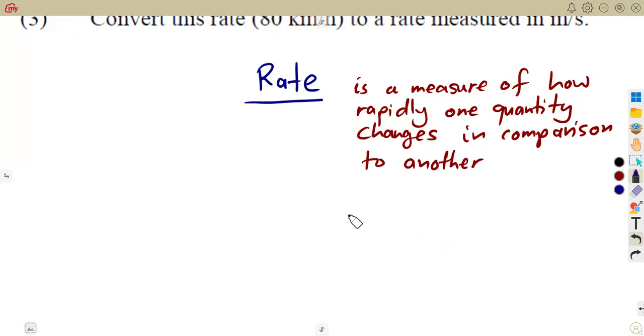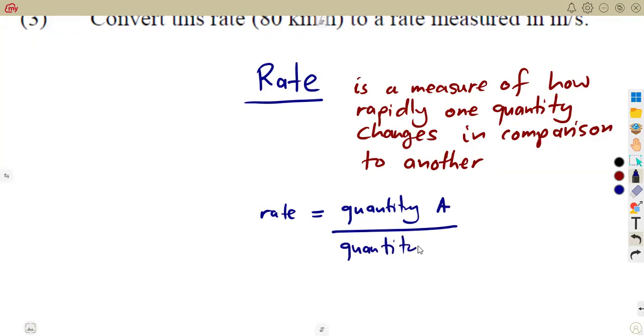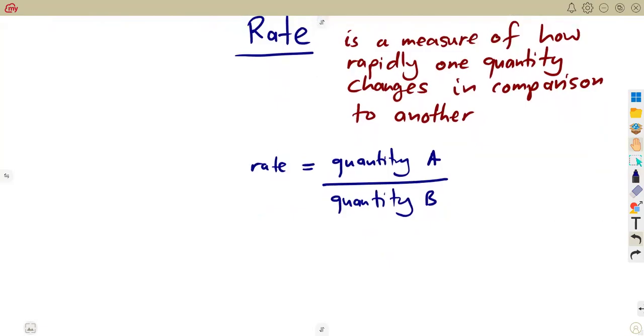So in actual sense, we can conclude that a rate is equivalent to a certain quantity, let's say quantity A over quantity B. That's how we refer to a rate, quantity A to quantity B. We can convert this to give whatever we want to calculate.